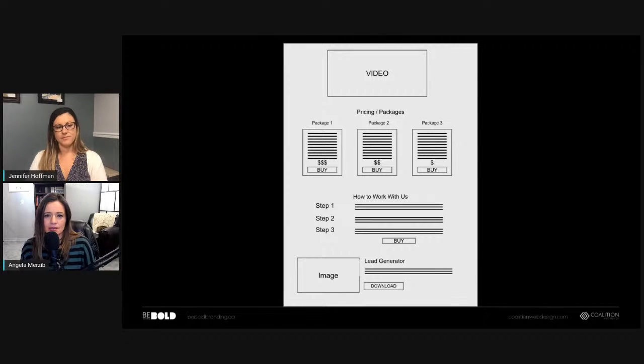Maybe it's a frequently asked question or whatever it is that can help them understand what it's like to work with you, to get something of value for free, and to create that goodwill and that feeling of reciprocity, like they want to buy from you now because they've received so much from you, that you get remembered for your generosity.